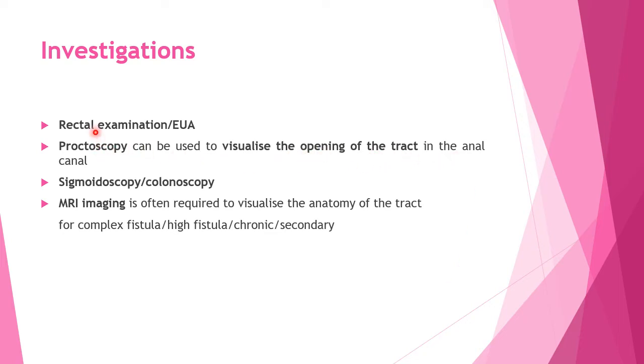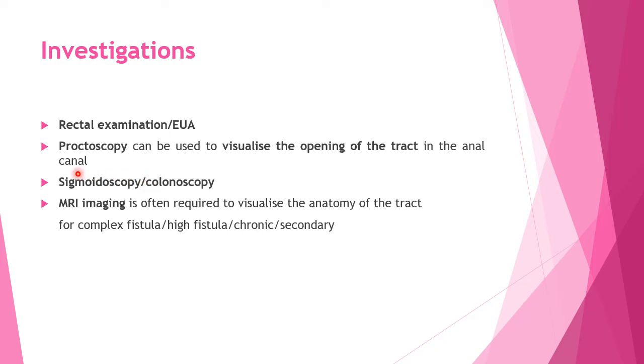So, combined with digital examination, we should be able to palpate and visualize the opening of the fistula tract internally into the anal canal. At times, sigmoidoscopy or even colonoscopy may be needed, especially if it is a complex fistula with chronic infection and recurrence, and also suggesting inflammatory bowel disease, cancer, or even tuberculosis.